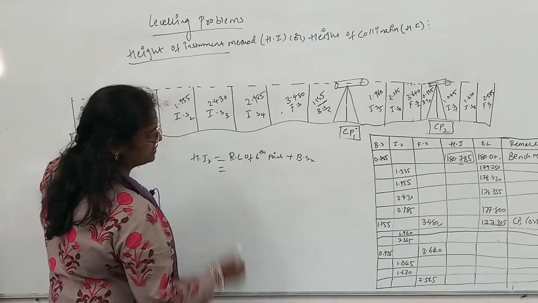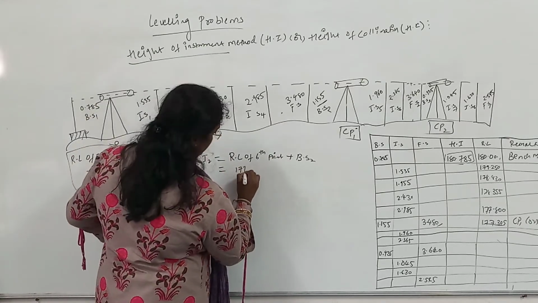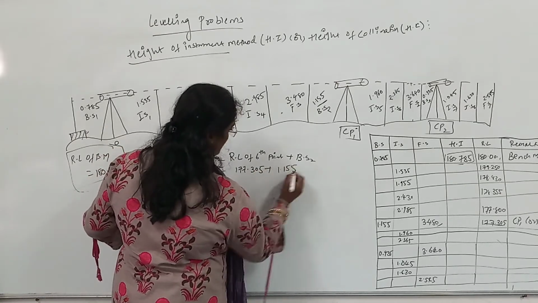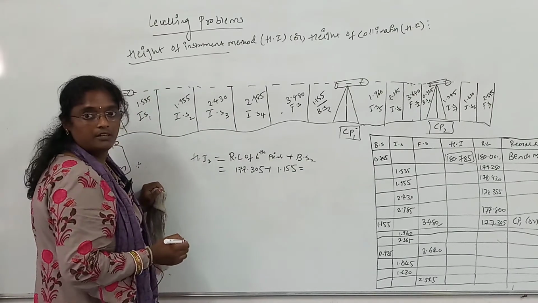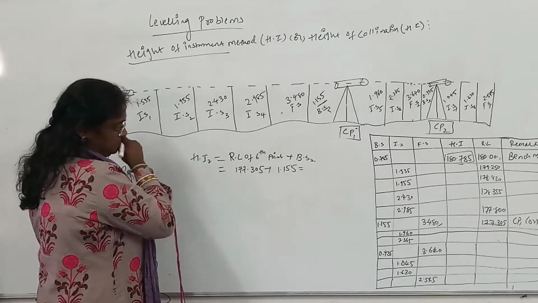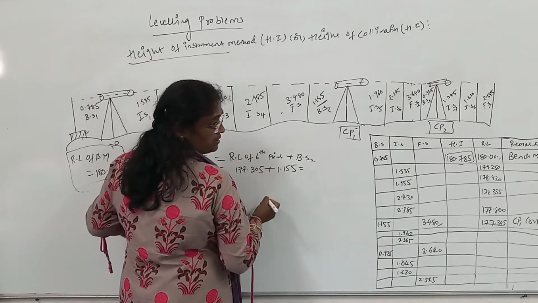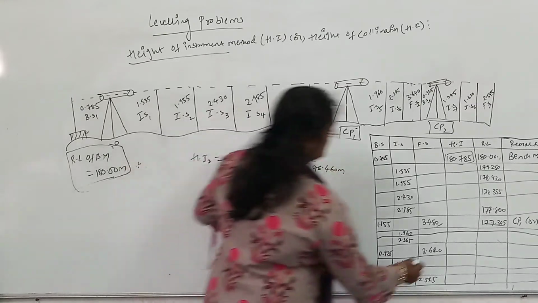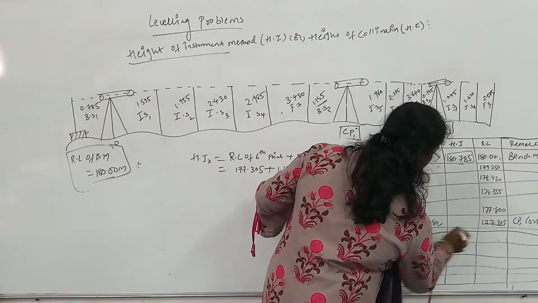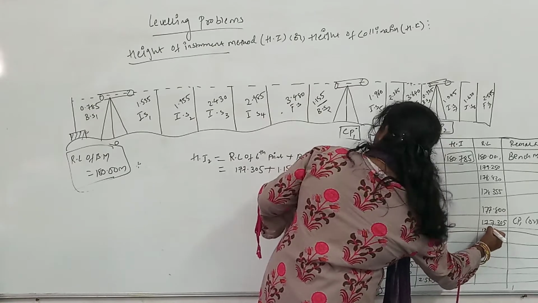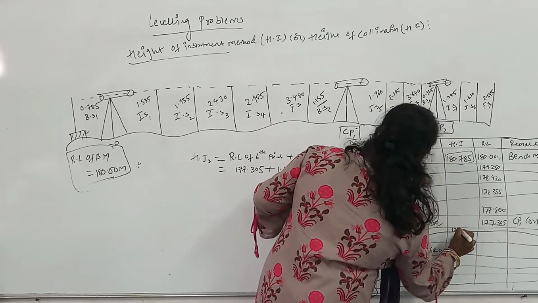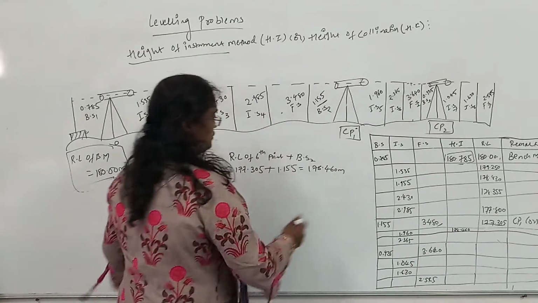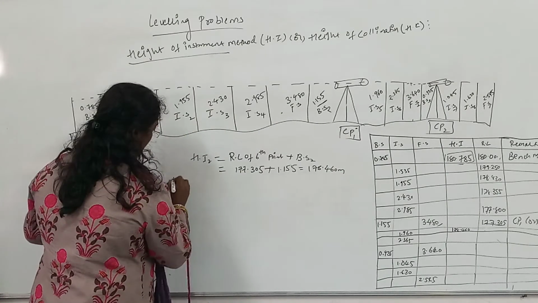What will be the value here? 177.305 plus 1.155 gives 178.460 meters. Where do we have to place this value? Here you need to place the height of instrument, 178.460.